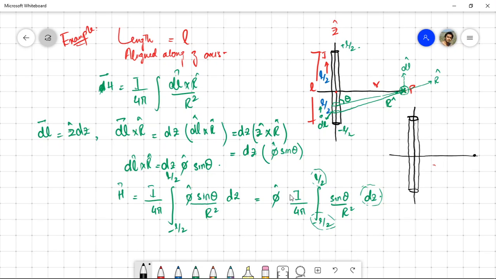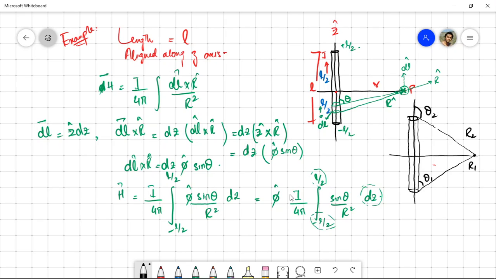This was the point. This is R1, this is theta 1, and if we want to analyze this whole conductor, then we'll have to draw another vector from the other extreme end of this conductor, and we'll say that this is r2, and the angle that it now makes with the z-axis is theta 2.